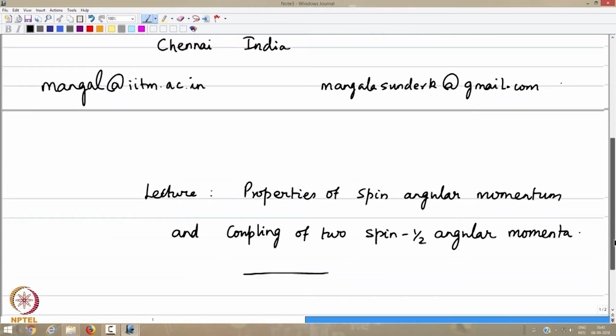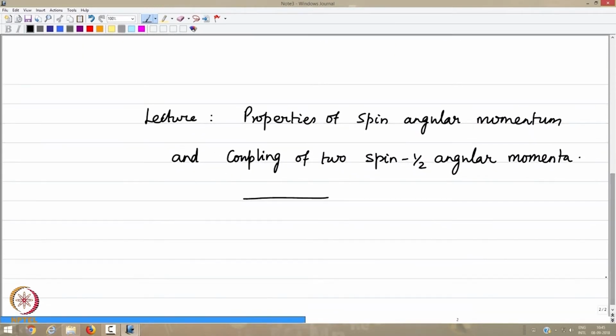The lecture continues from what I left in the previous one, the properties of spin angular momentum. We saw in the previous lecture the spin a half angular momentum, and we looked at the Pauli spin matrices. The commutation relation and the anti-commutation relations were explained a bit.